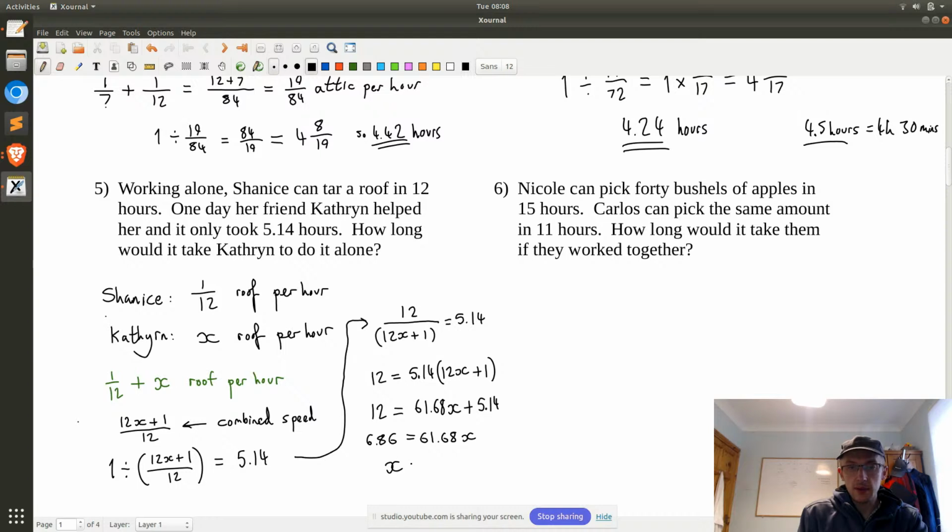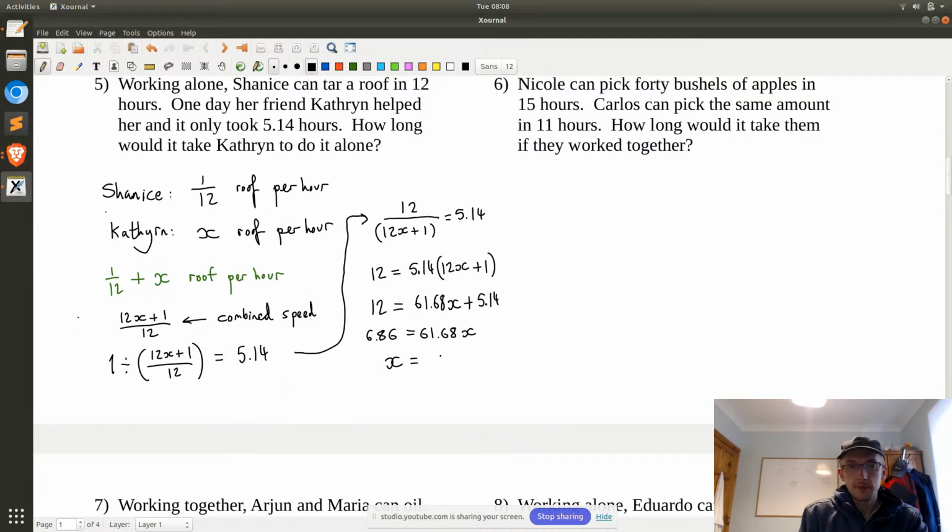Okay, and now divide both sides. This is a lot more working out than what I think it should be. I guess I'm doing it inefficiently. But that's how it goes, you know? You figure out how to get better while you're doing it.